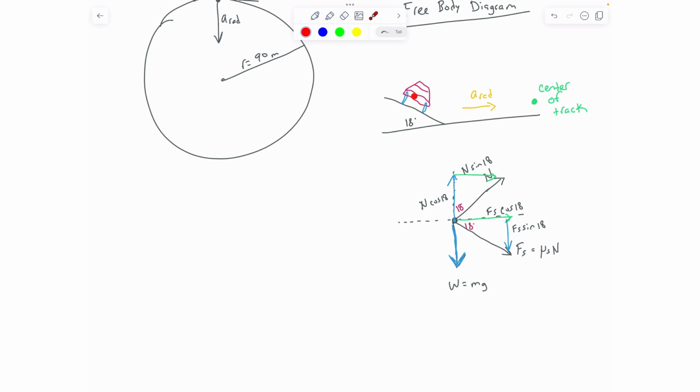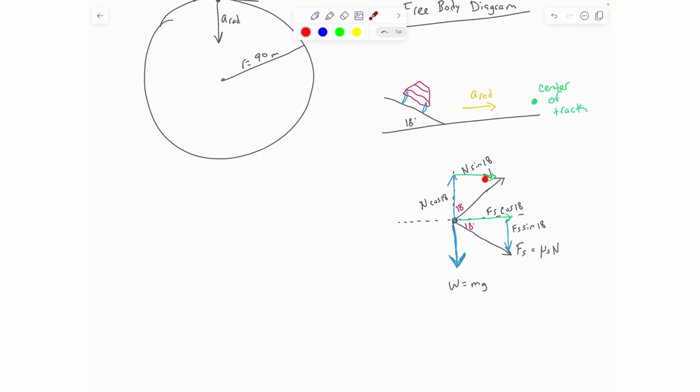So the weight, here's the car. The weight, of course, is going straight down, right? Straight down. So that's this. Now the normal force. The car is driving on this banked road, right? So the normal force is pushing this way. Weight's pulling straight down, but the normal force is pushing at this angle right here, which is 18 degrees, and I have that right here.